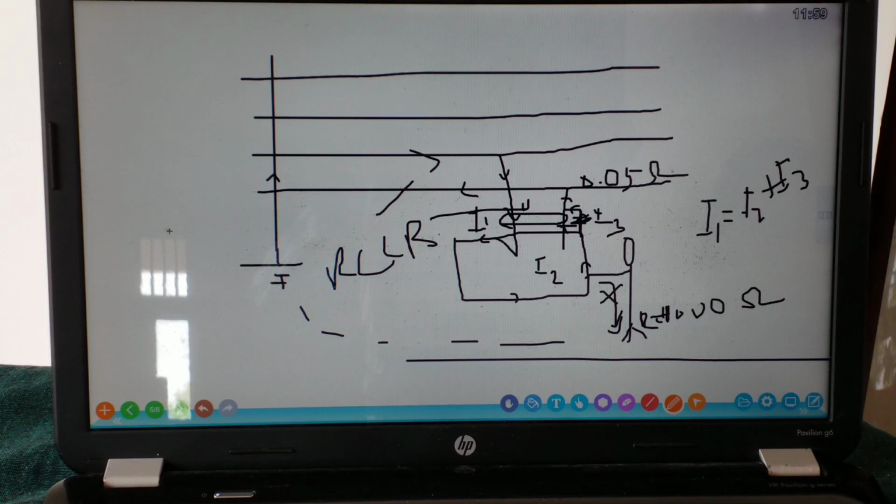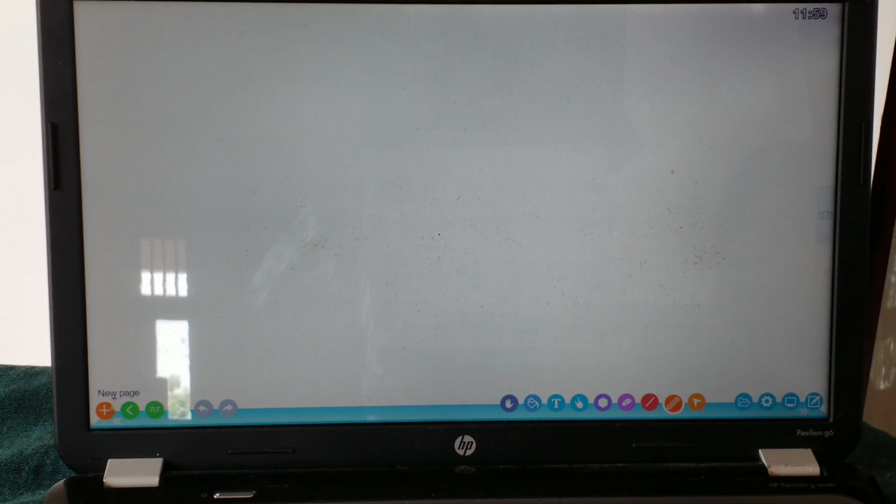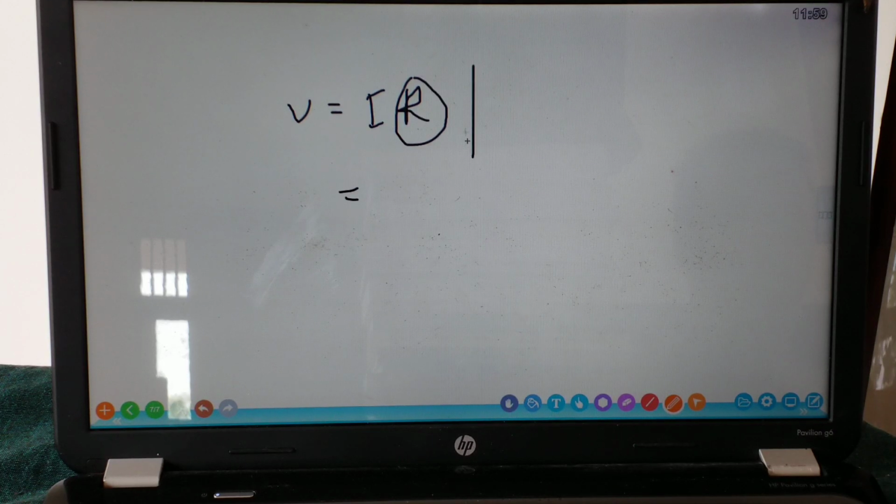So let's have a very simple calculation. V equals IR. If R goes high, I goes low, if V is constant, and vice versa.